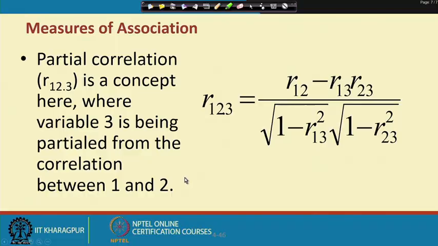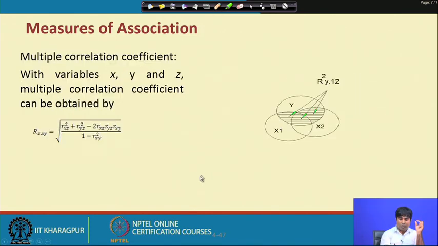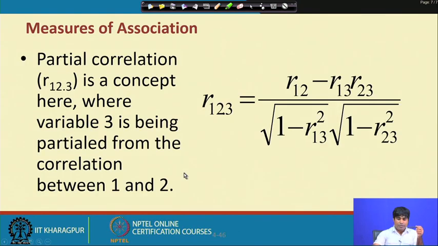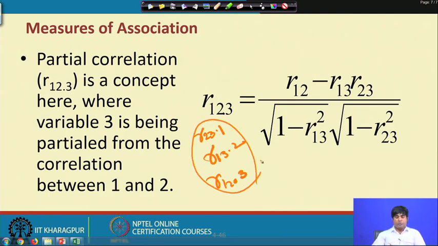So I can write like this, R 1 2.3, then I can put R 1 3.2, then R 2 3.1. So like this there are 3 partial correlation coefficients we can have.